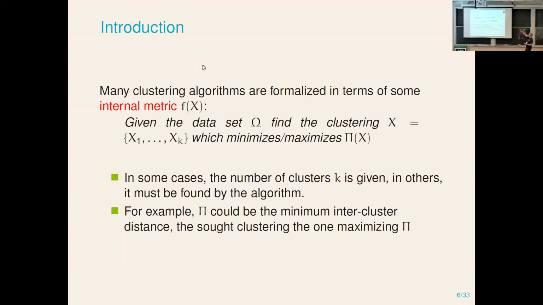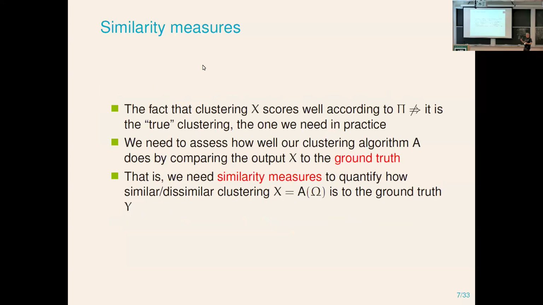For instance, pi could be, I want to maximize the minimum distance between points in different clusters. Okay, maybe the criteria is some other. The point is that maybe our algorithm is able to find the optimal clustering according to pi. In some other cases, it's not possible because the problem is NP hard.